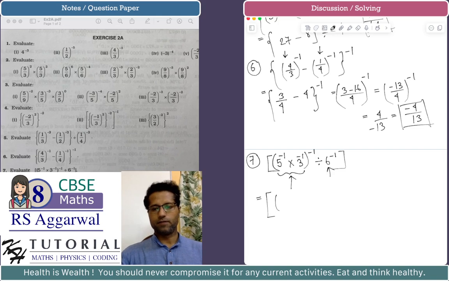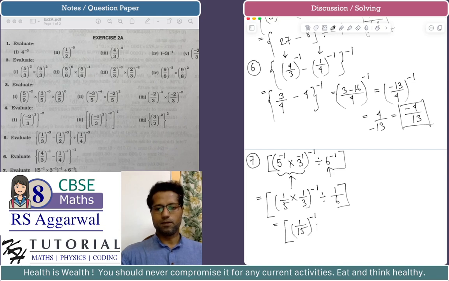So we know that 5 raised to the power minus 1 means the reciprocal of 5, that is 1 by 5, multiplied by 3 raised to the power minus 1, which means the reciprocal of 3, that is 1 by 3. We have minus 1 divided by 6 raised to the power minus 1, which means the reciprocal of 6, that is 1 by 6. This is equal to, now 1 by 5 multiplied by 1 by 3 is 1 by 15, and this whole raised to the power minus 1 divided by 1 by 6.